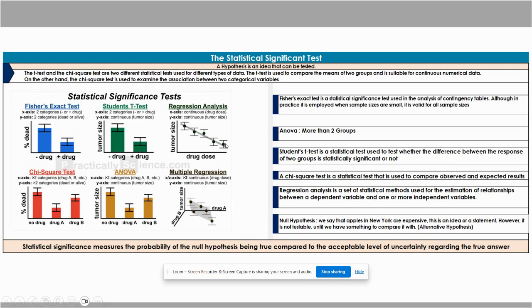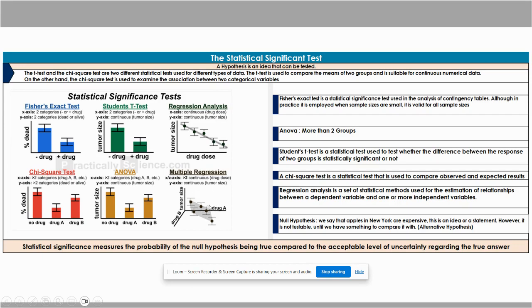A negative line means that based on the consumption of a dose, the tumor size gradually gets reduced over a period. And if you involve multiple drug doses, greater than two, then you need to go with multiple regression.